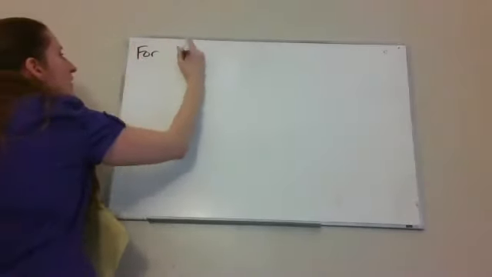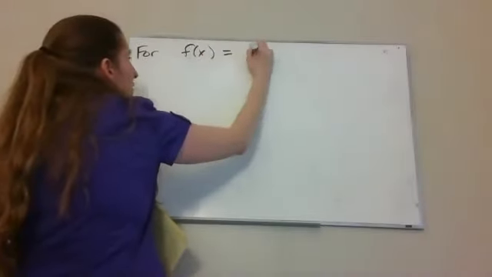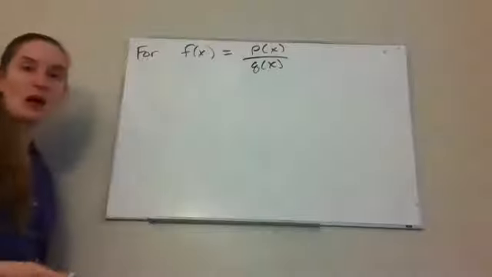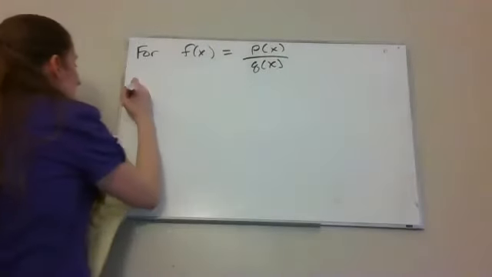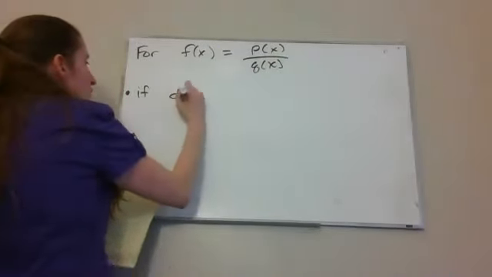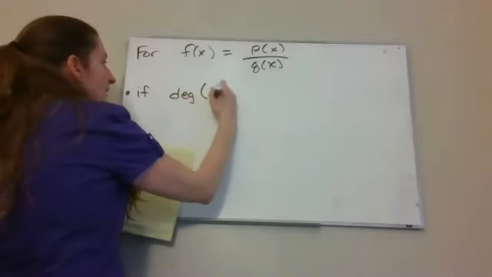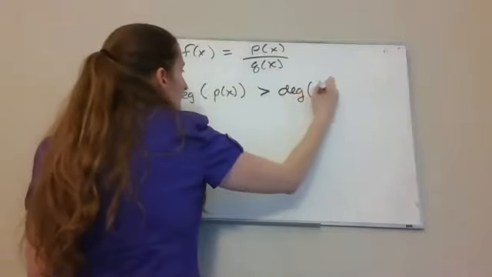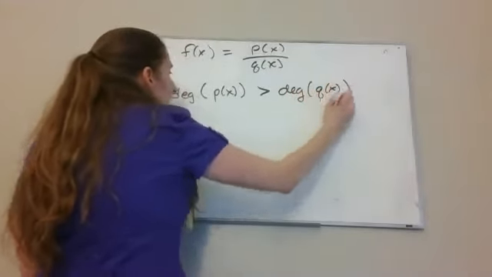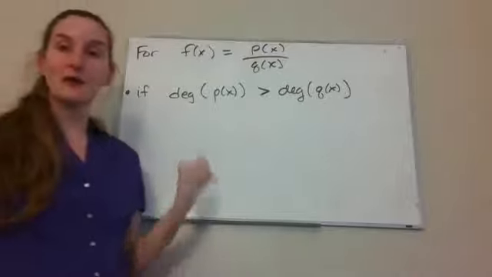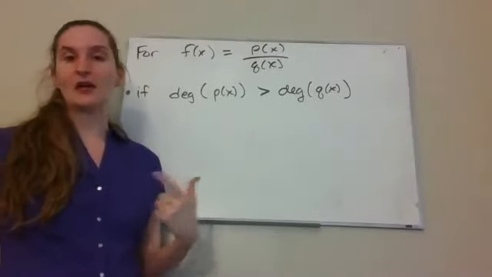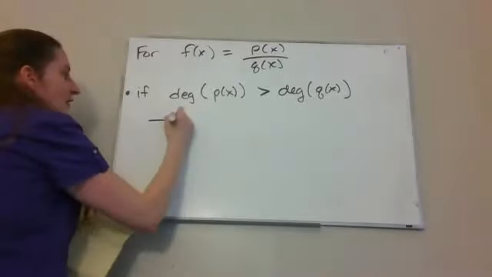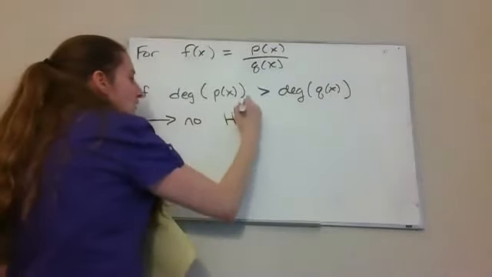Well, for our rational functions, which remember are p over q, where p and q are polynomials, if the degree of p of x is greater than the degree of q of x, so this is saying if the highest exponent in the numerator is bigger than the highest exponent in the denominator, that means that there is no horizontal asymptote.